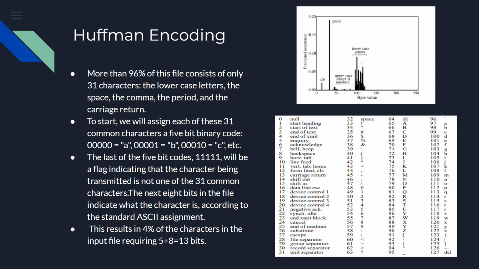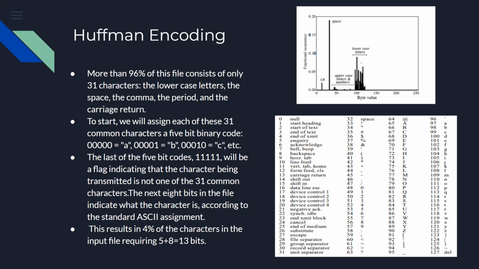To start with this method, we'll assign each of these 31 common characters, which we have seen in the histogram, a 5-bit binary code. We can start from 00000, assigning it to A, 00001 to B, and so on for the next 31 characters. This will allow us to compress the 96% of the file to reduce its file size by a factor of 5 divided by 8.